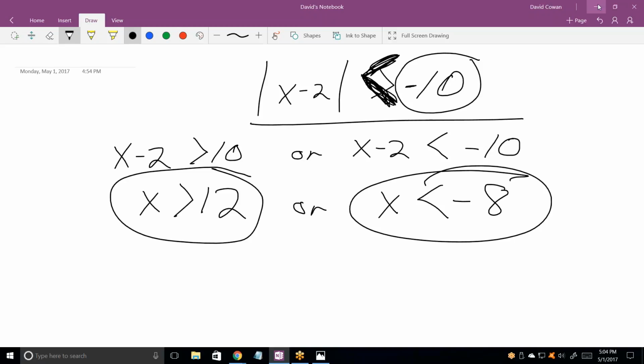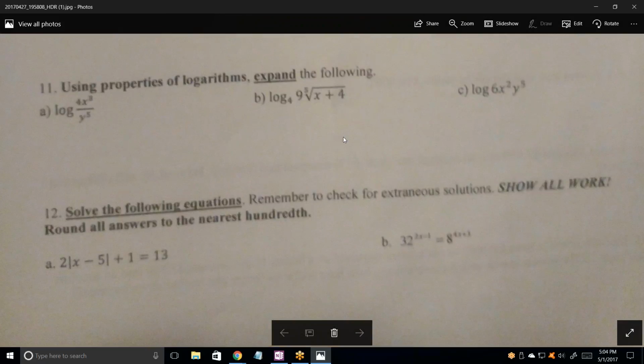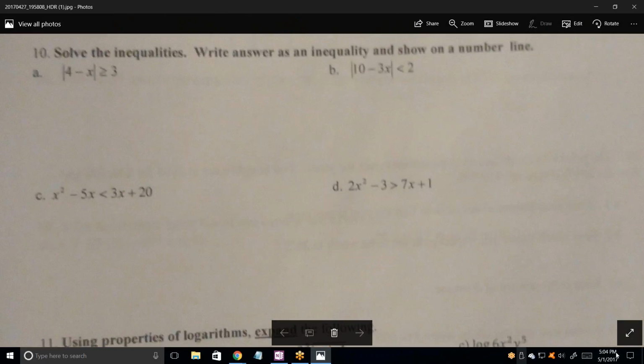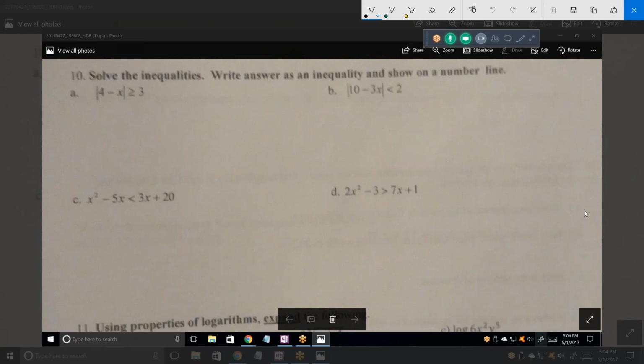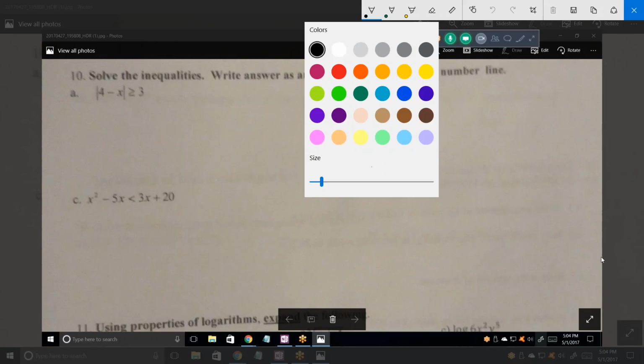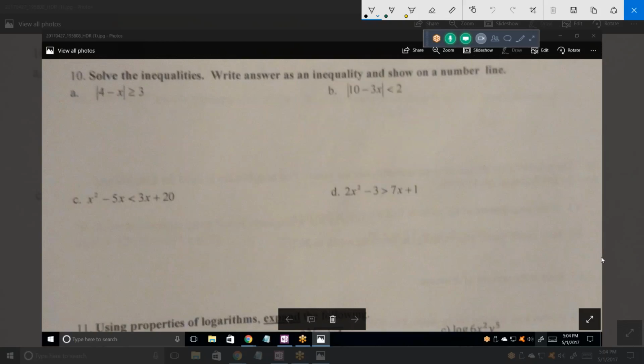So if we go back to your problem, this one here, let me blow it up. Let me take a picture of it so that I can write on it. So what do these two statements mean? Or what does this inequality mean? And usually I'm going to separate them horizontally with an or, because I'm going to have to solve each one vertically.